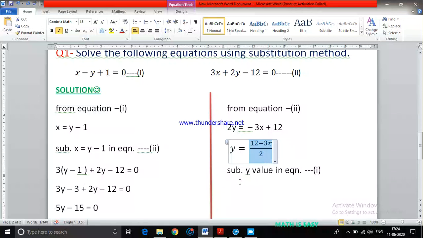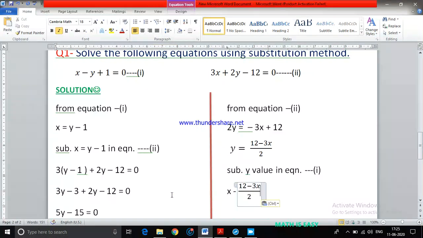Okay. So let's see what your equation 1 says. Equation 1 is x minus y, and the y value I can replace with 12 minus 3x upon 2, plus 1 equals to 0.